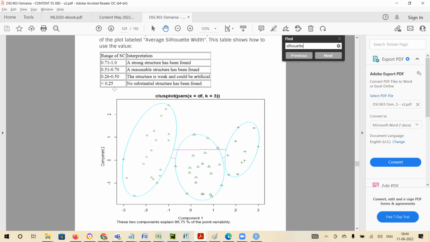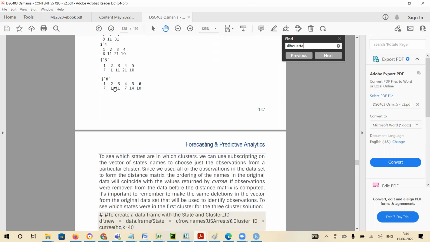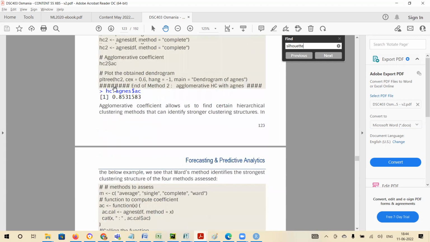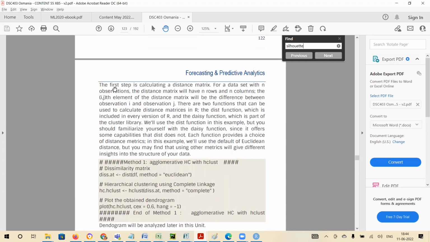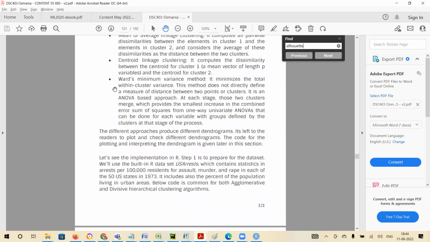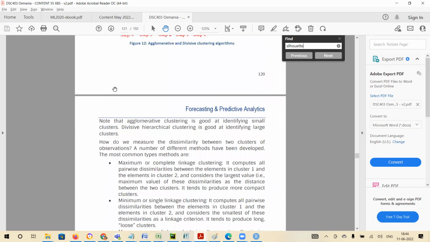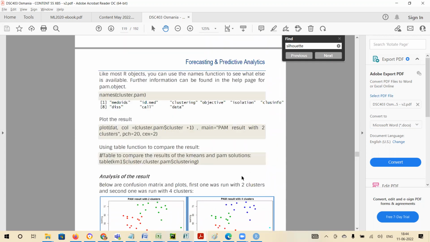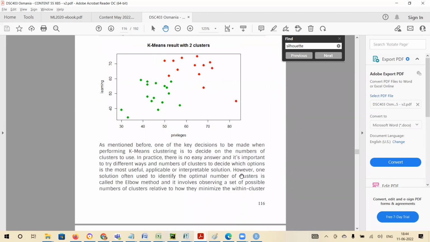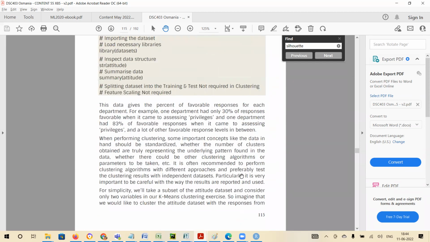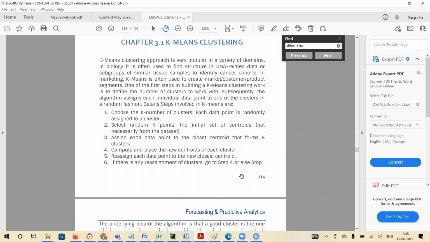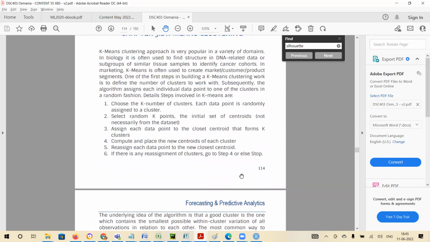Explain K-means algorithm. Long answer. So you have to go and explain about K-means. This will be done, right? Explanation. Okay. These 6 points you have to write.